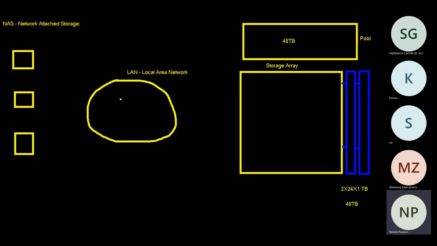You can build a local area network anywhere. For example, I have 3 laptops at home. I can connect 2 laptops with a cable, assign some IPs, and establish communication between them. If I have more than 2 laptops, I can connect them to a switch or a Wi-Fi router.